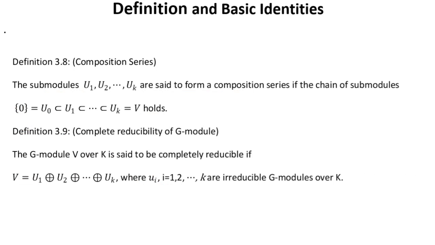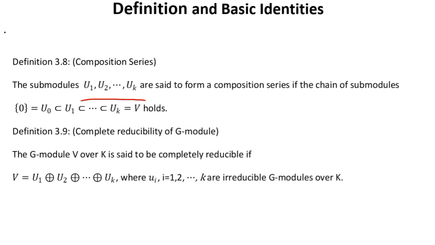The next definition you need to know is what we call composition series. So now you know what submodules are. Submodules are also modules, right? And they satisfy the conditions of a G module, right?